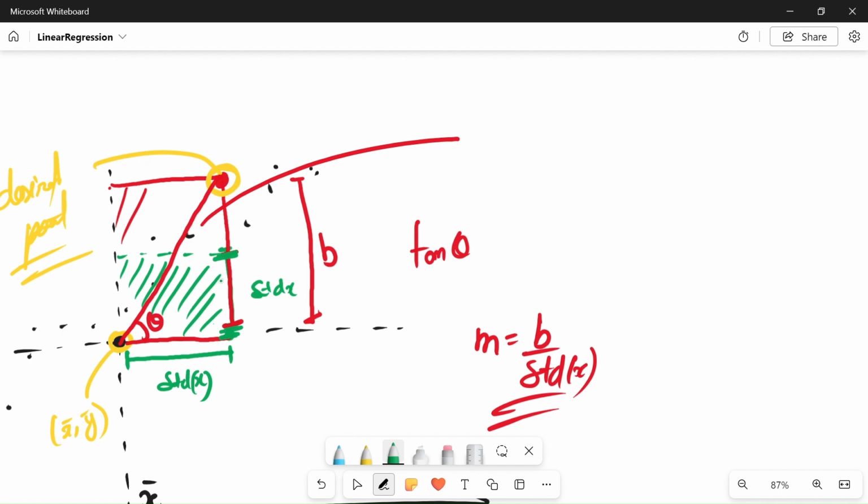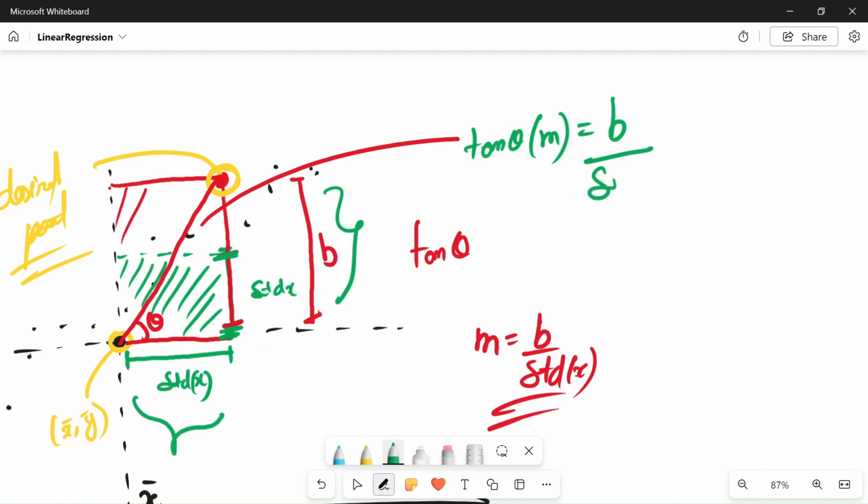Tan theta is just opposite upon adjacent. So tan theta, or m, is equal to this length, opposite b, upon the adjacent, which is standard deviation of x. Did you notice something? These two values come out to be the same.